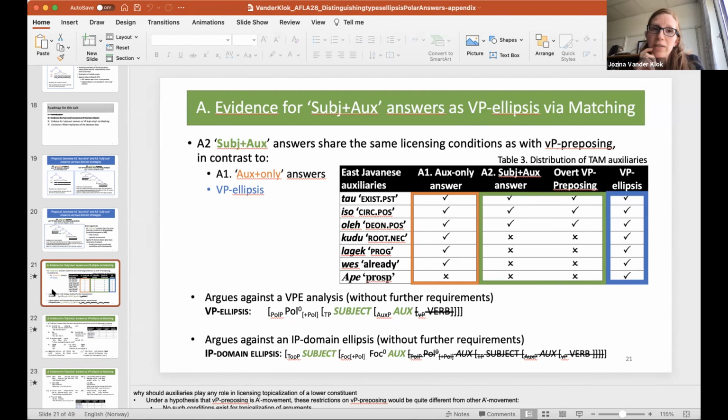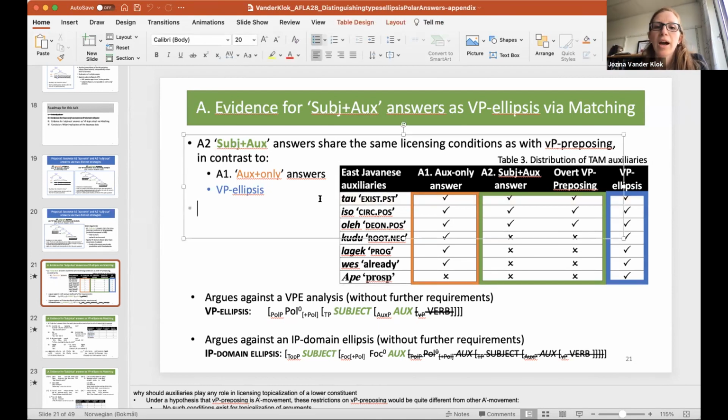And so they looked at that contrast and say that it's due to the fact that these ones, tau, isol, and ale, are low in the structure, and at the time tau was argued to be a perfect marker.